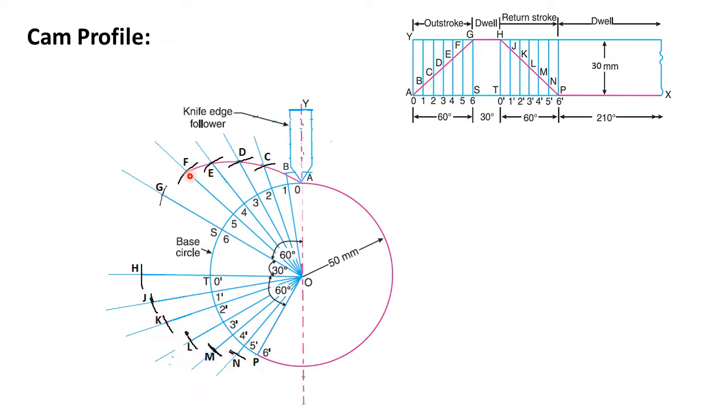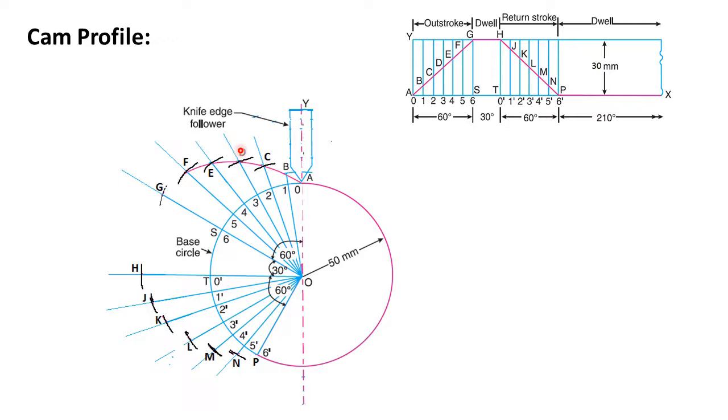One important thing to remember here: in this problem it is given that the cam is rotating in the clockwise direction. So we have drawn the profile in the anti-clockwise direction. You should understand this point very clearly. We draw the profile in the direction opposite to the cam rotation.